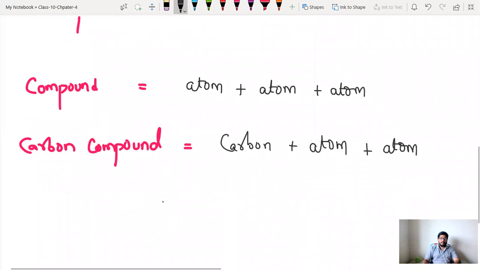We have another compound. Regarding that, what we are going to see in this lecture is the hydrocarbon compound.